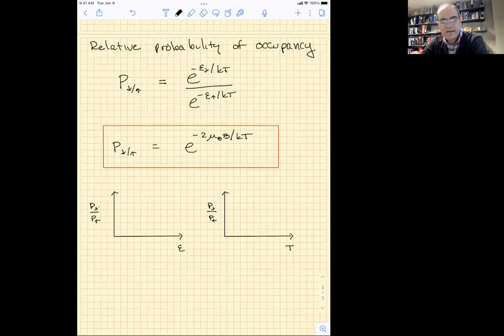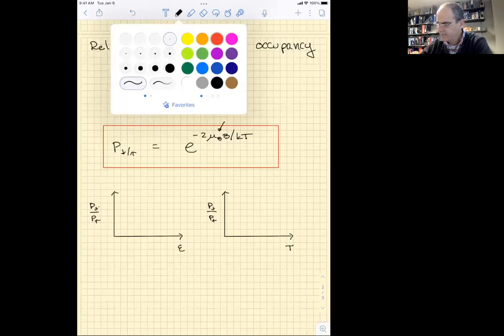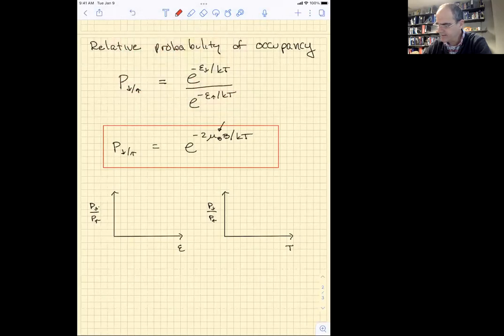All right. And now we can just get an idea for what this formula is telling me. Imagine I have a system and I look at the relative probability of occupancy as a function of this energy, mu_B times B. Well, if mu_B times B is very small, if it's 0, for example, then the relative probability of occupancy will be e to the 0, or 1.